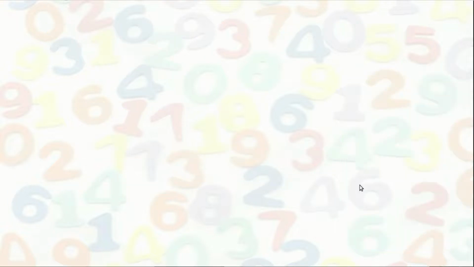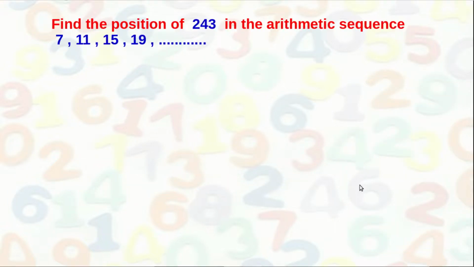Now the third question. Find the position of 243 in the arithmetic sequence 7, 11, 15, 19, etc. Let's find the common difference first. d is equal to 11 minus 7, that is equal to 4. 243 is a term of this sequence.